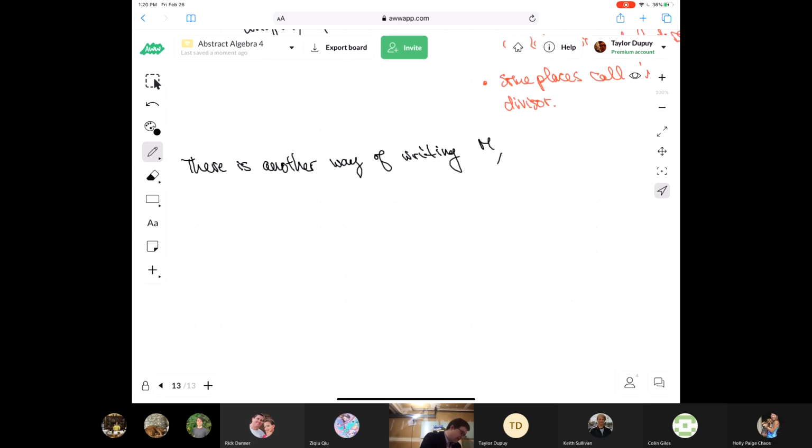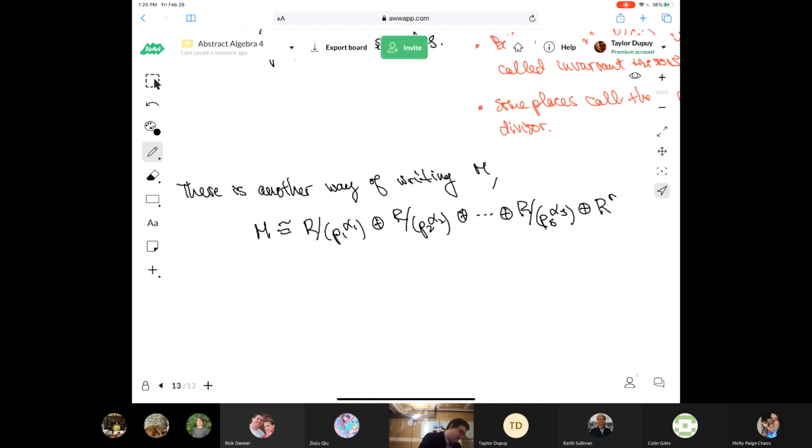M is isomorphic to R mod P1 to the alpha 1, direct sum R mod P2 to the alpha 2, direct sum and so on, direct sum R mod Ps to the alpha s, direct sum R to the r. Okay?